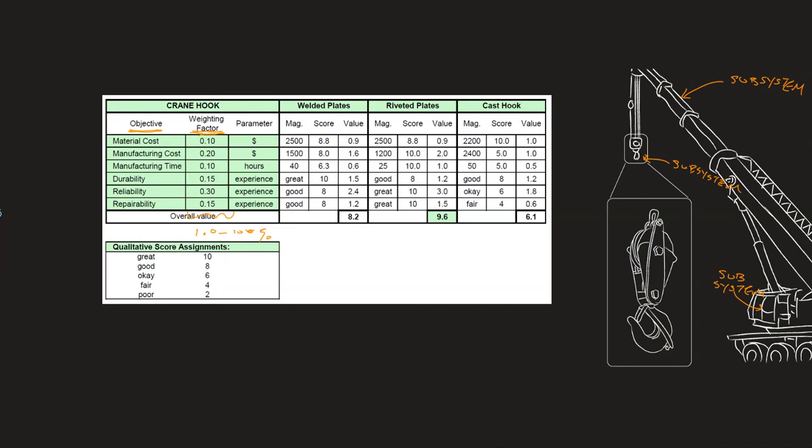We have here our parameter. The parameter lists what our quantification or what our assessment units are in. So we can see for cost, we've got dollars. For manufacturing costs, we've got dollars. For time, we've got hours. So all of these first three are what we call quantitative.